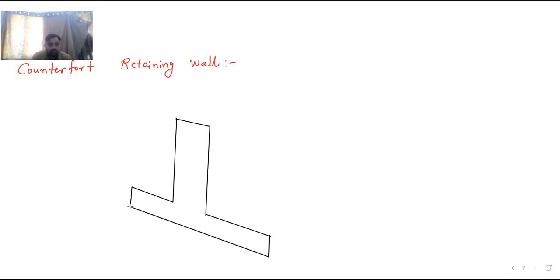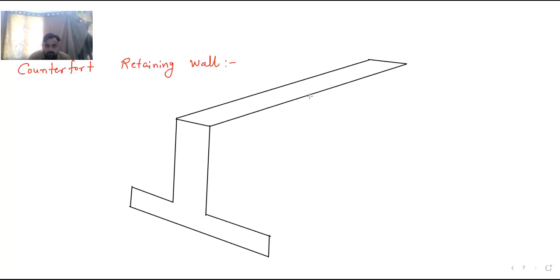This side, the length of the wall is like this, going away like this. Here also the same thing. This is the thickness at the top. To understand what exactly the counterfort is, this diagram is necessary, so that is why I am drawing this.